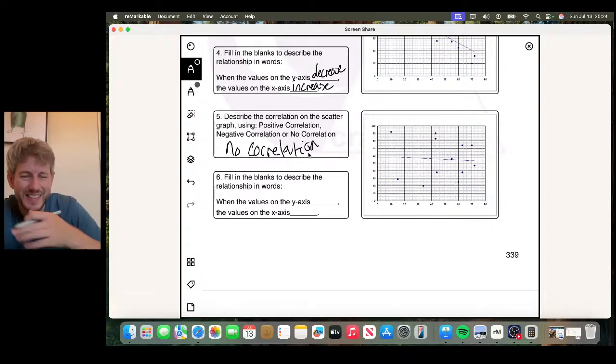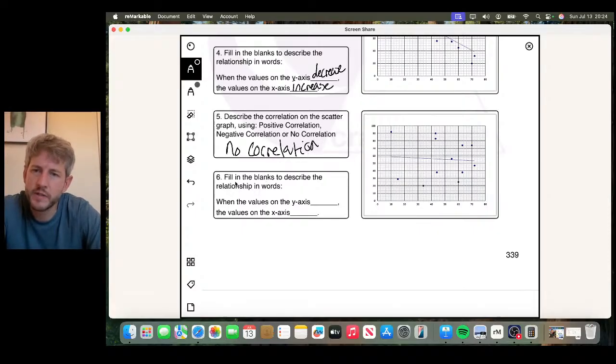Which actually makes this last question nonsense, because it says fill in the blanks to describe the relationship in words. When the values on the y-axis blank, the values on the x-axis blank. So I've put that there, and it's going to be in the mark scheme.